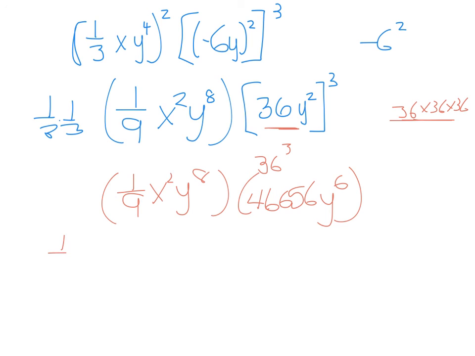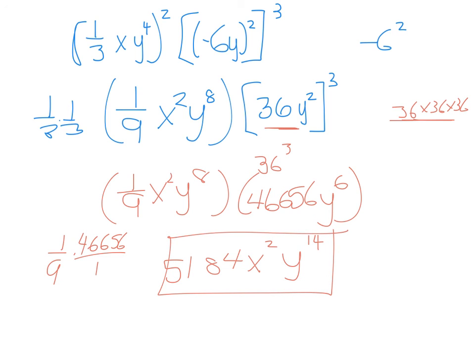So when you're multiplying 1 over 9 times 46656 over 1, you're just dividing that. So that divided by 9 is 5184. Now I'm doing x to the 6th, x squared, sorry, and then y to the 14th power. And that would be the final answer of that one.